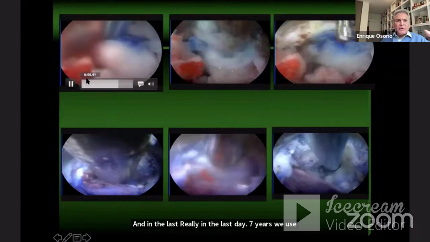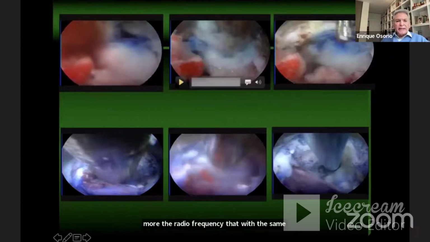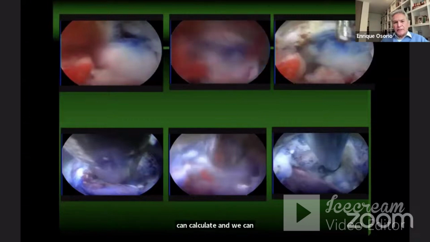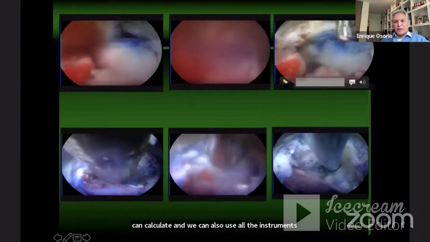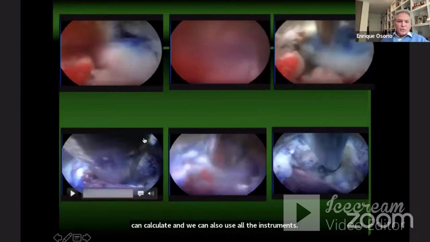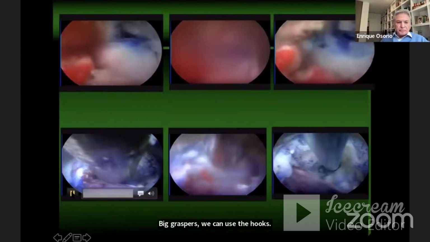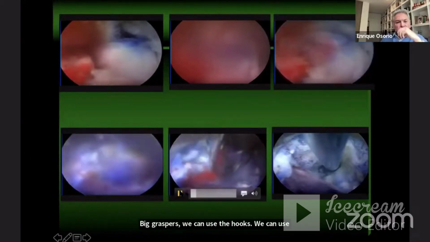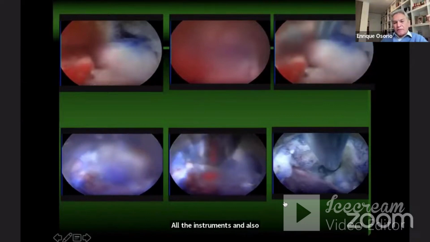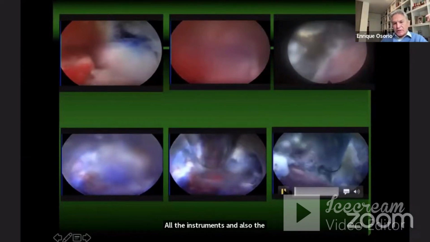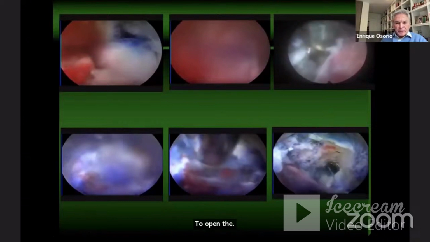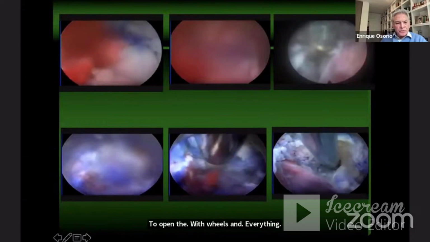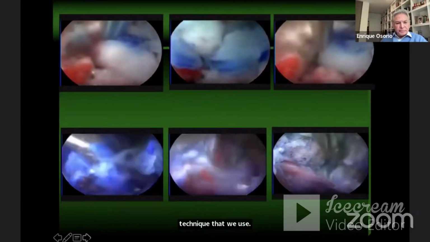With the same, we can coagulate, and we can also use all the instruments, the graspers, the hooks, and also drills to open the foramen and everything. This is the technique that we use in these cases.